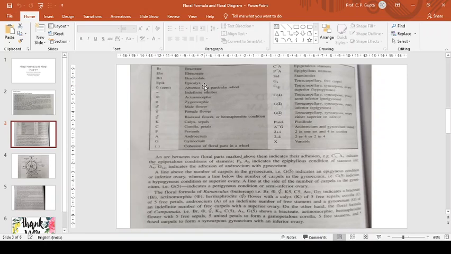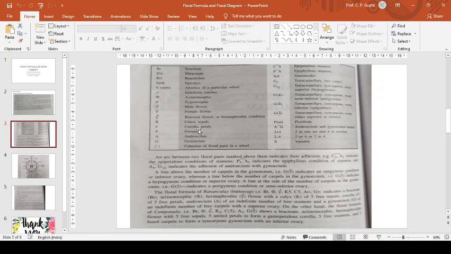EPIK when epicalyx is present. 0 is absence of a particular part. This is indefinite number of a particular part. Plus sign is actinomorphic. This sign is zygomorphic. This is male flower, this is female flower, and this is hermaphrodite flower.